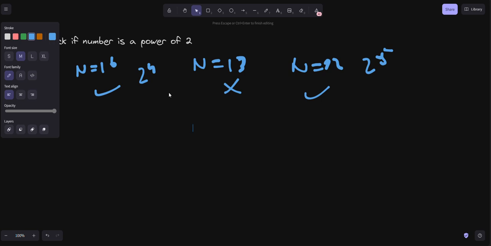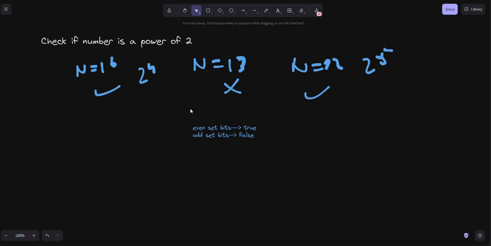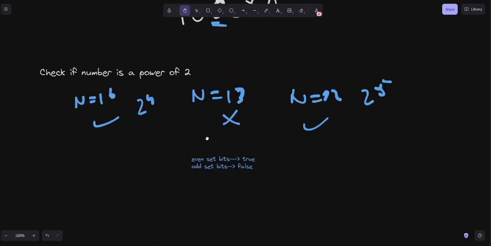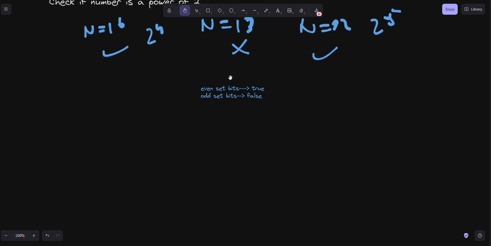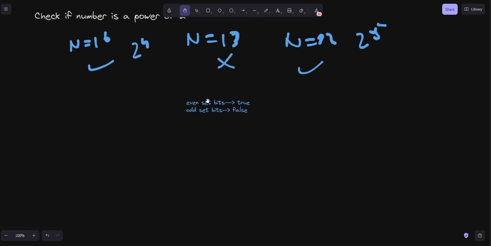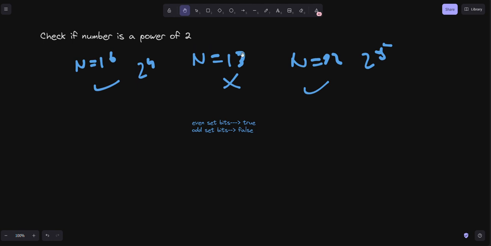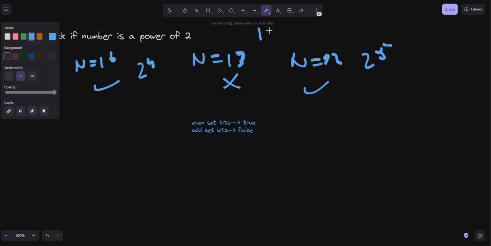I can have one conclusion here: an odd number of set bits will give me false, and this will give me true. Because whenever an odd number of set bits are there, like in this case there are three ones, so this will majorly give me false here.